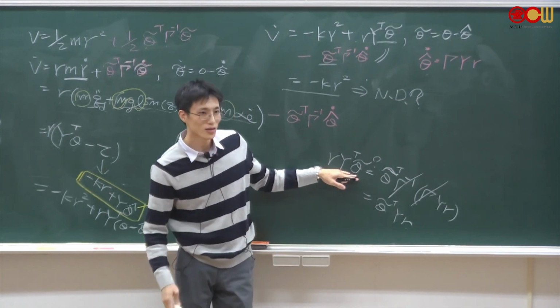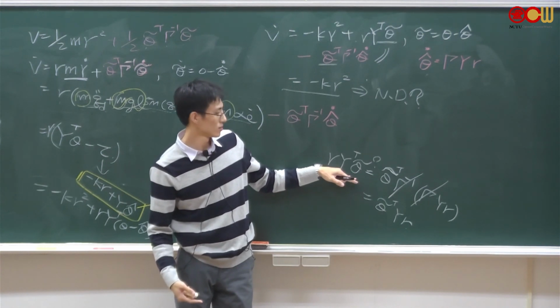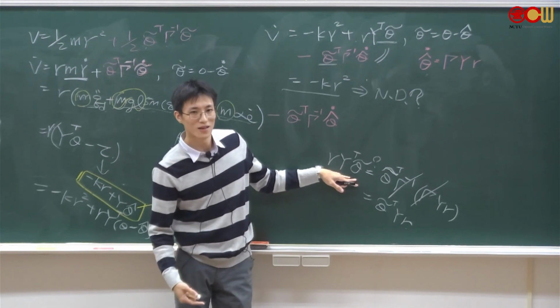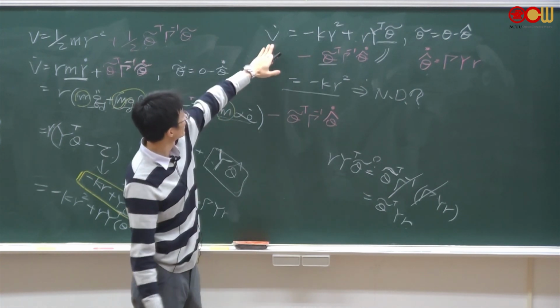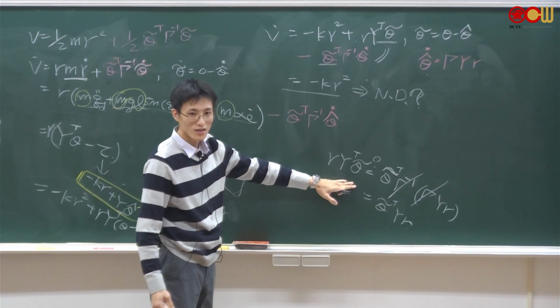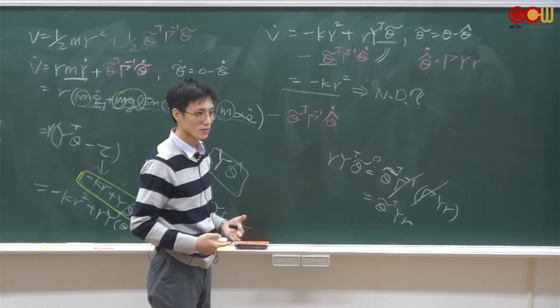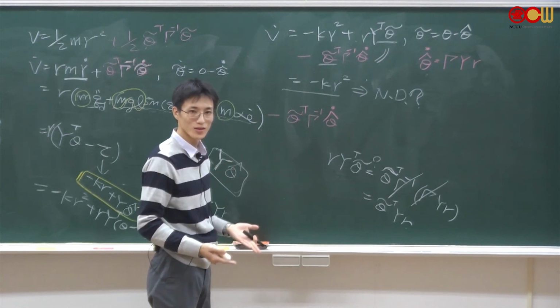Is this product a scalar or a vector? Scalar, right? Everything in the above function is scalar. The transpose of a scalar is equal to itself.